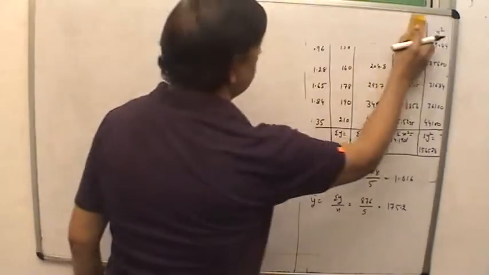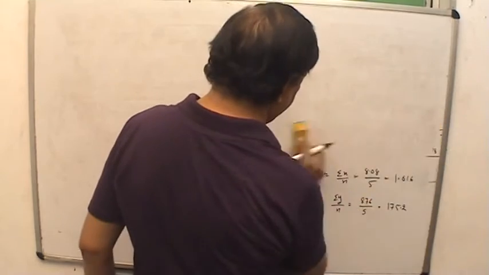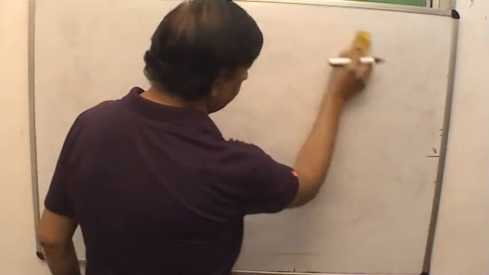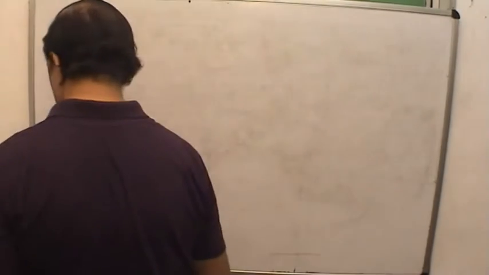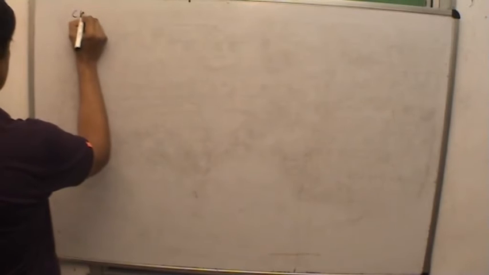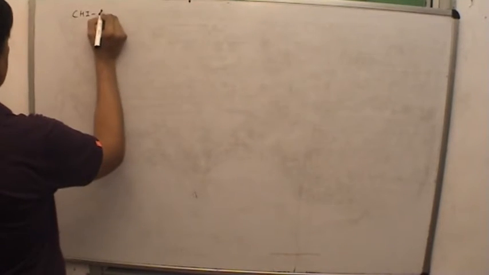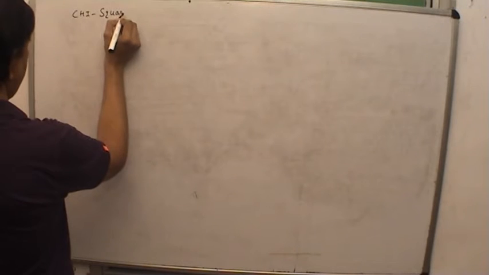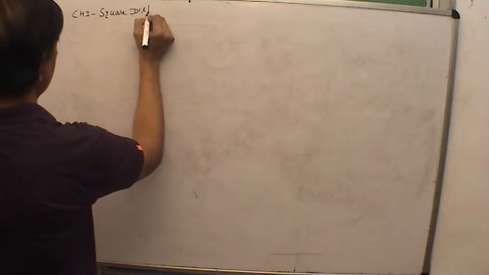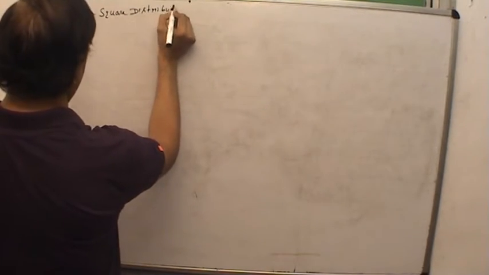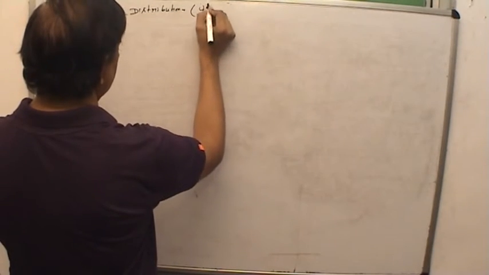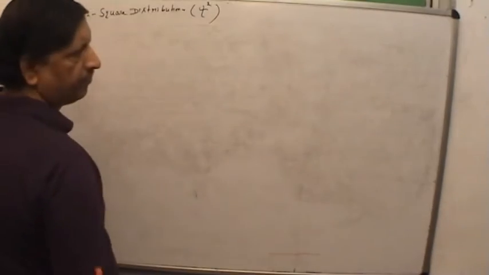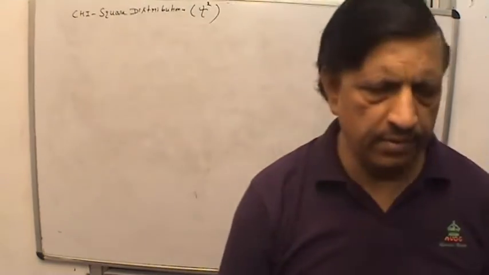Chi-square distribution. Here we write it like this: chi-square, Greek letter chi, from the family of alpha beta.